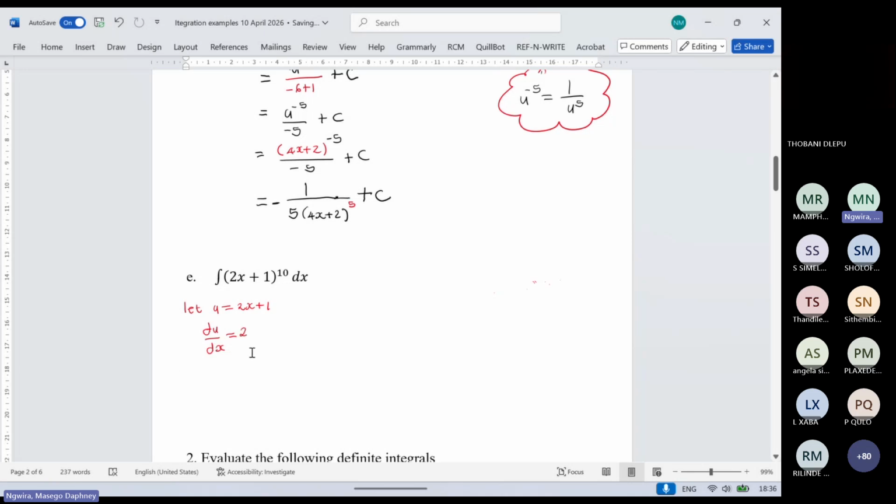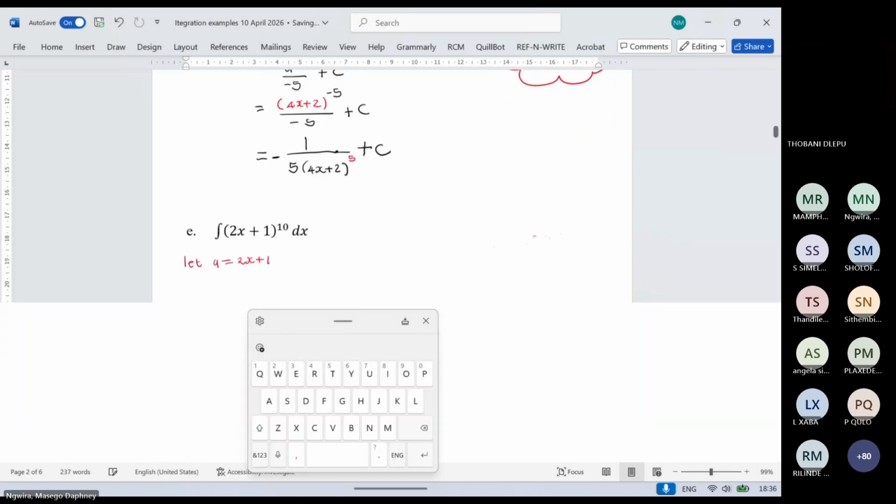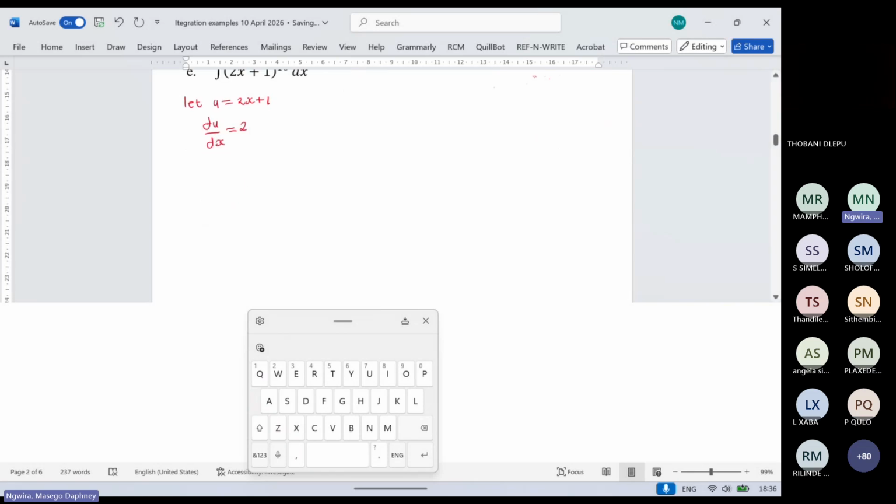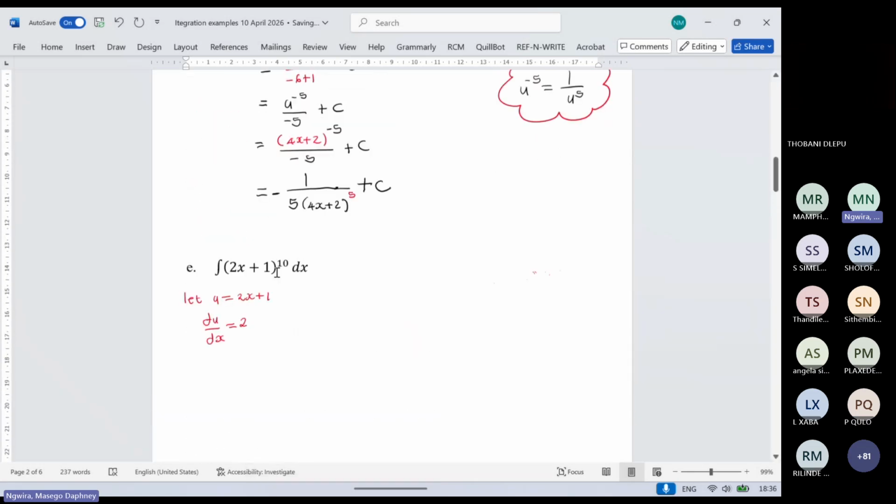And then after this, now we have to make dx the subject of the formula. And then we swap. I wanted you to swap so that we don't take long to solve this. So I am just going to swap these two. It's allowed in maths. It's like cross multiplying. So this will be du over 2, and it's equal to dx, because I want to have a dx.